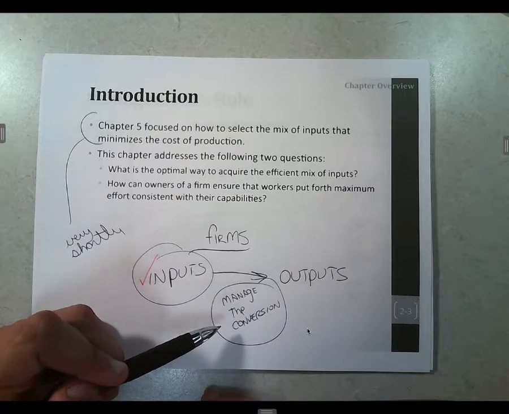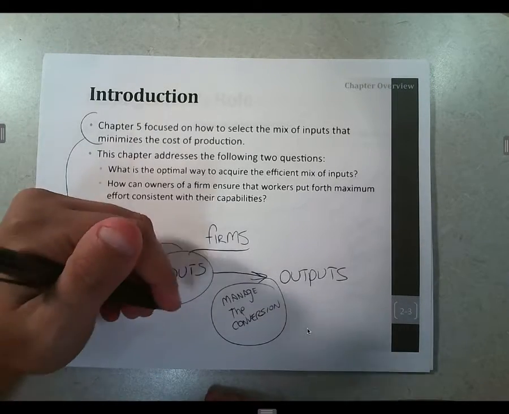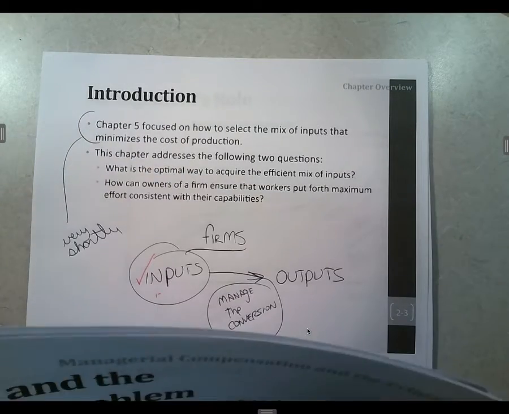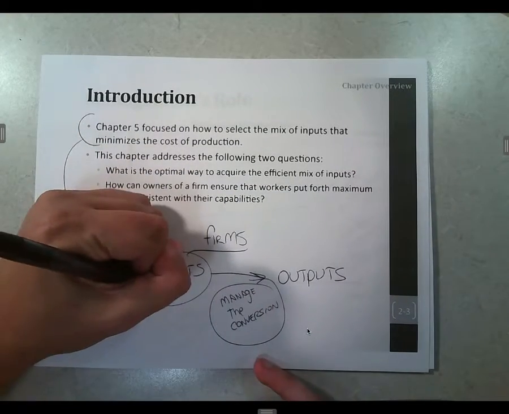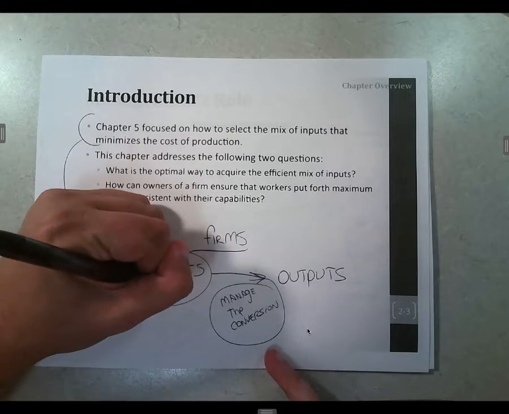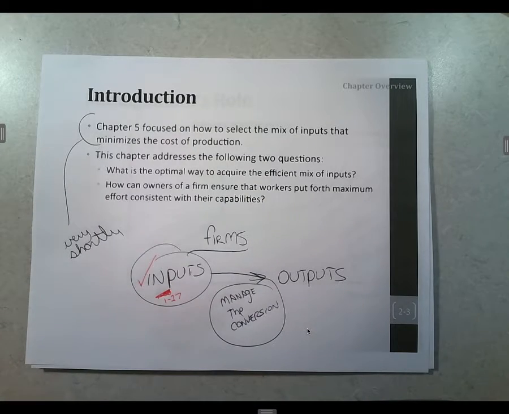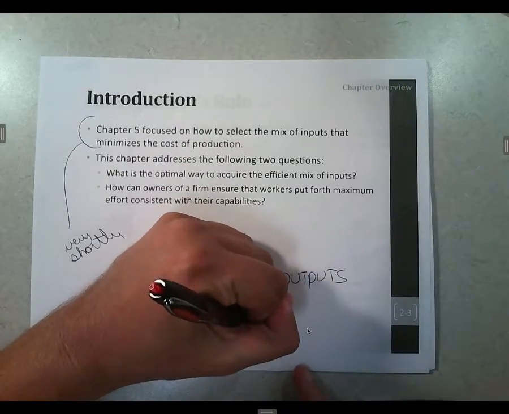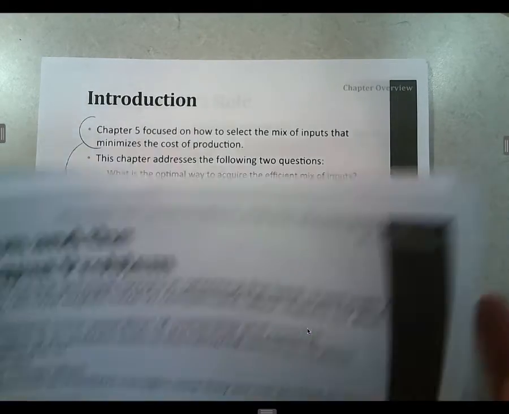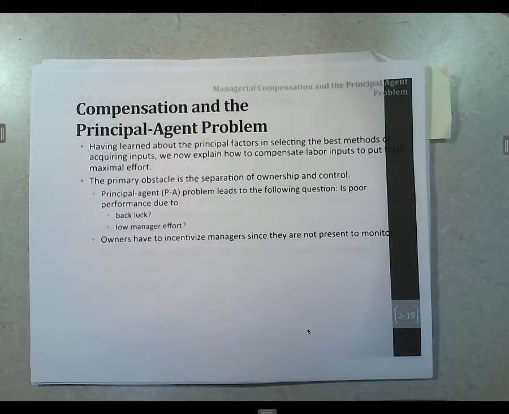Now we need to look at this next part, which is going to be slides 19 to 26. How am I going to compensate those who are creating these contracts?